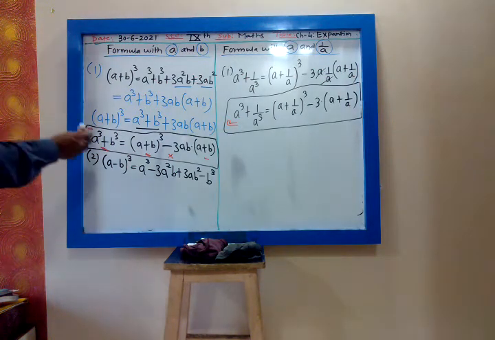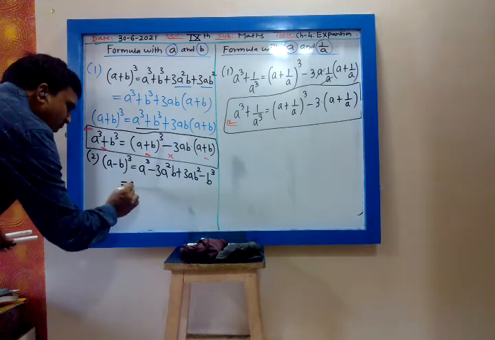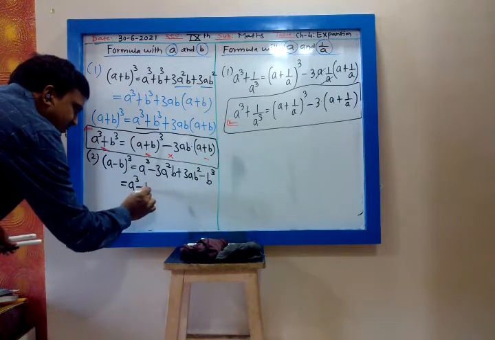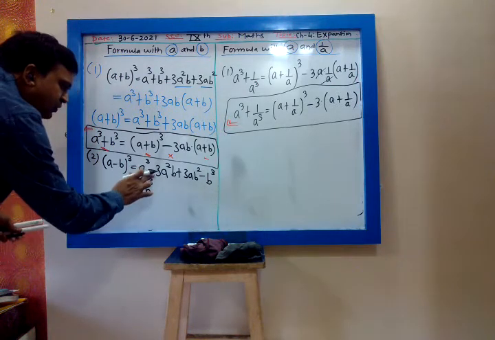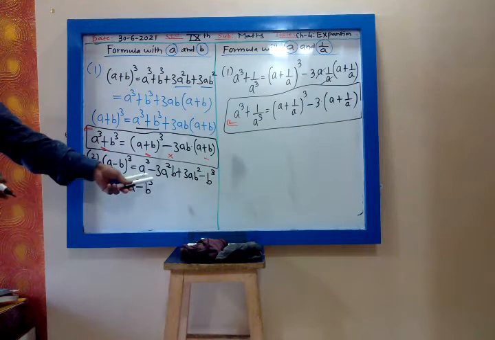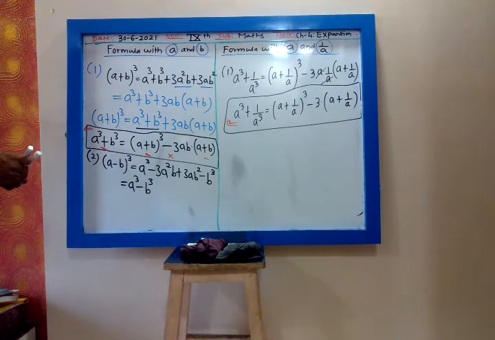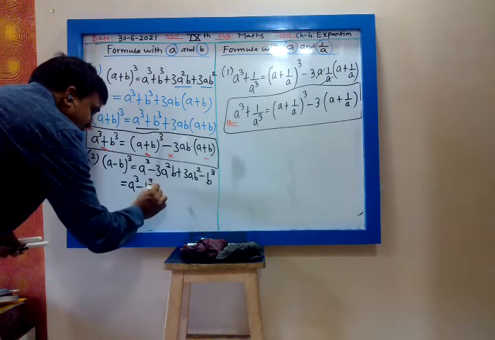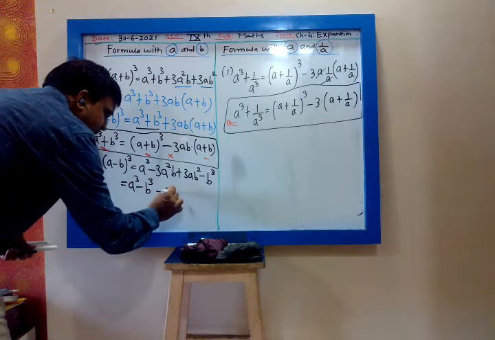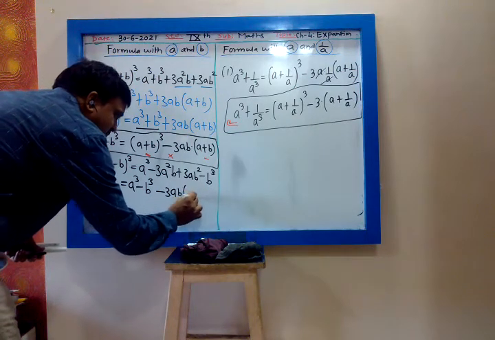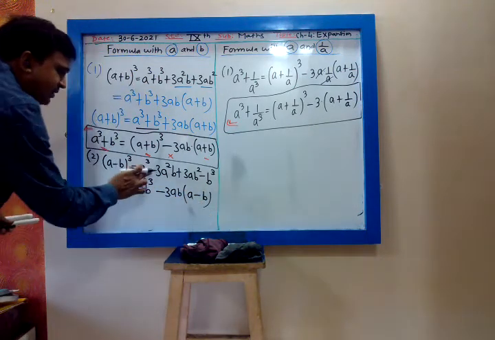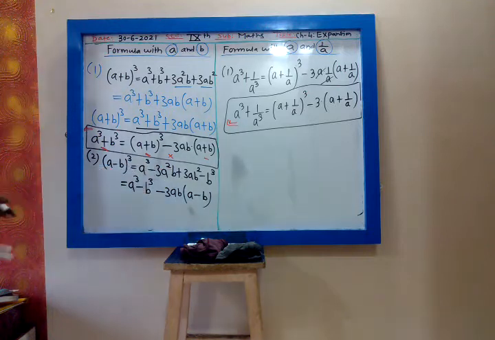So I can write a³ − b³. What is common in the second and third terms? Minus 3ab is common. Then what is left is (a − b), because we take the minus sign common in these two.